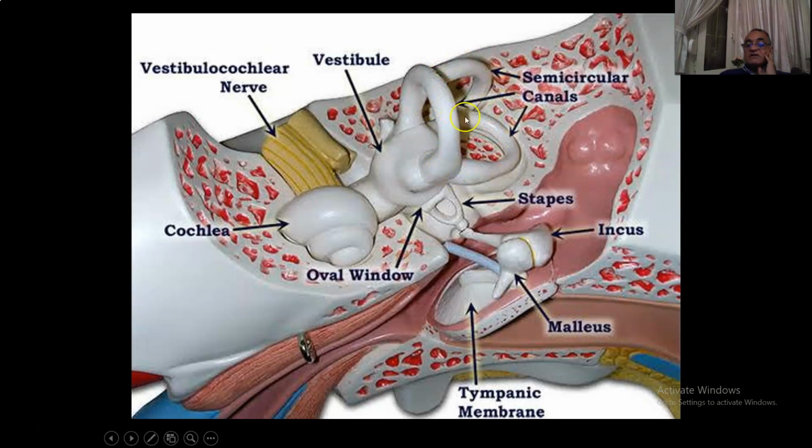So these are the three semicircular canals. This is the vestibule. This is the start of the vestibular nerve, and this is the start of the cochlear nerve.